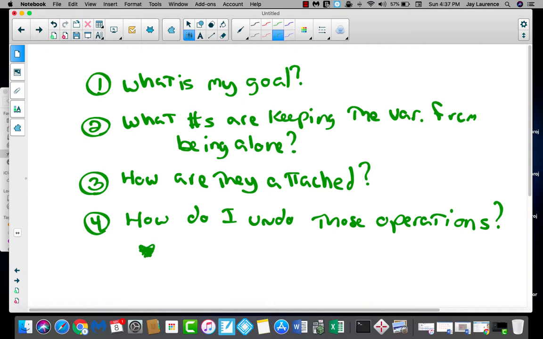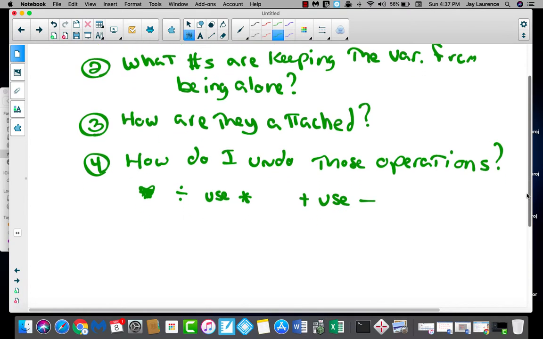Silly me. We said we had division, right? To undo that, I'm going to use multiplication. And we also said I had addition, and for that I'm going to use subtraction, because they are the inverse operations of the two operations in question. They will undo the operations that we are seeing in the problem.